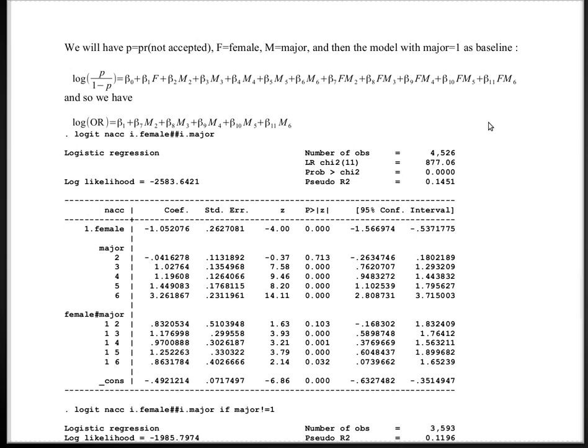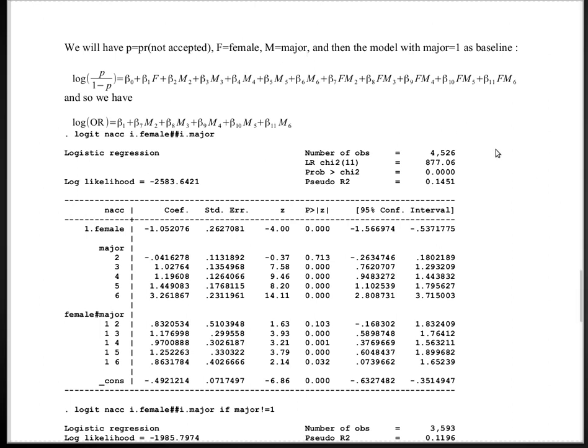So we'll then model the probability of not being accepted, and we'll let the indicator variable F for female be a characteristic, then we'll have the variable major, and we have the 6 different majors. And here, in order to enable a comparison between major 1 and the other majors, since major 1 appears to be a circumstance that's slightly different, we could do that.